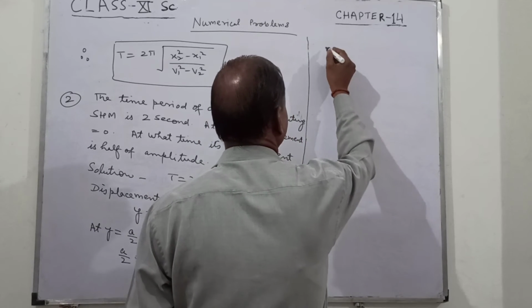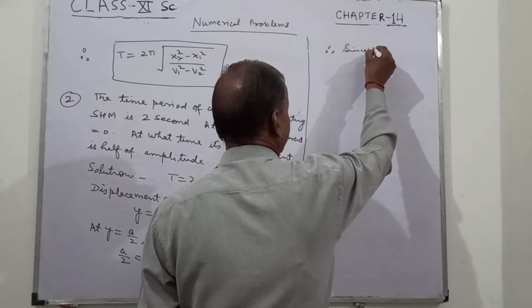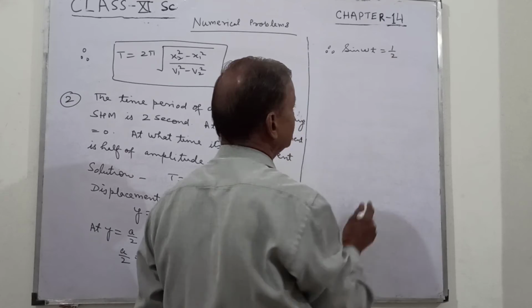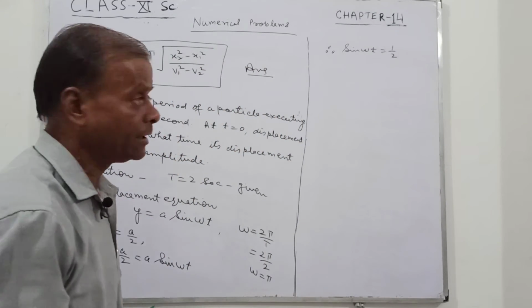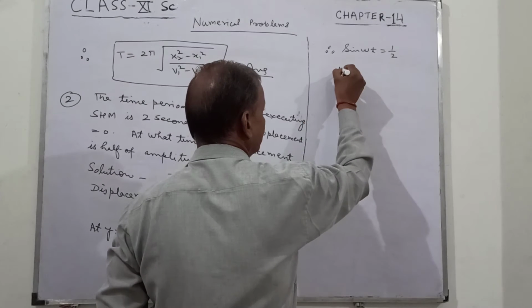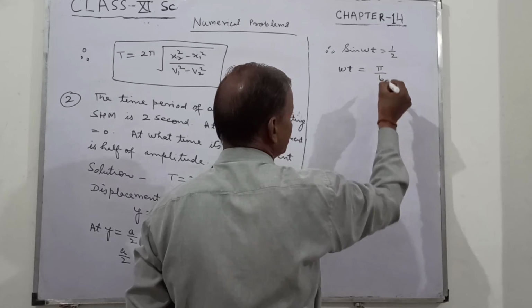Therefore sin omega t equal to 1 by 2, and this 1 by 2 is at a 30-degree angle, so omega t is equal to pi upon 6.